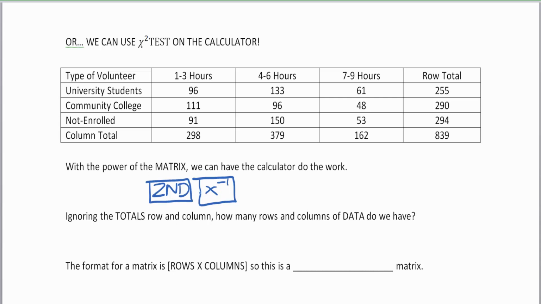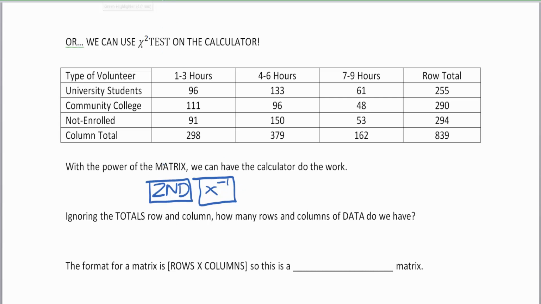If you have very old calculators, there might even be a matrix button, but I hope you don't, since those really old calculators don't have enough functionality for a lot of the tests that we're going to be doing in this course. So if we do this, we get to our matrix menu.